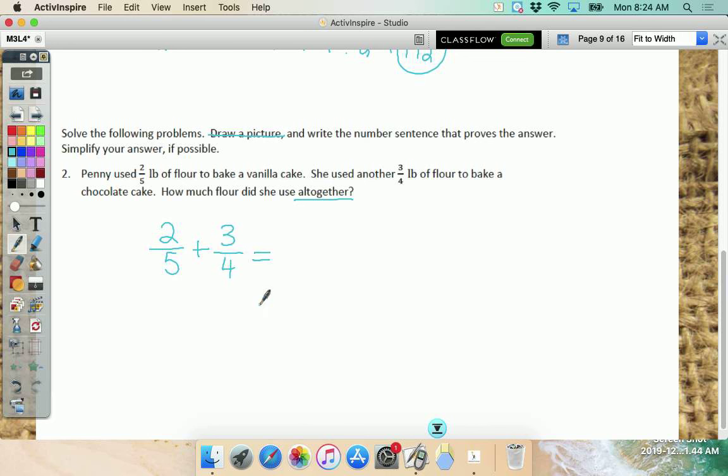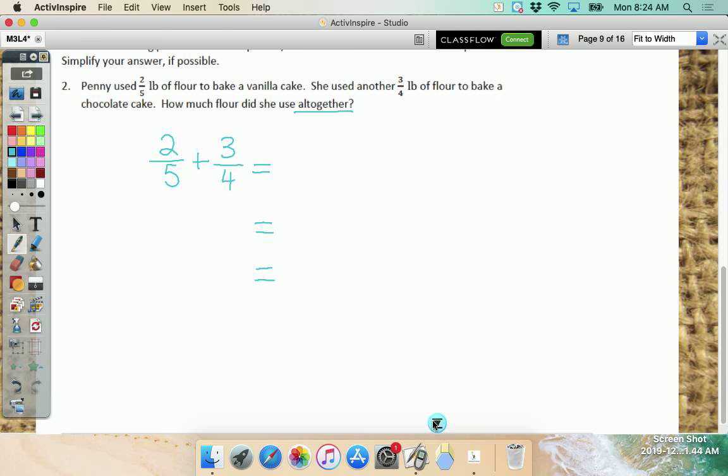And then equals, equals, equals. So my common denominator, Damien, is what? 20.